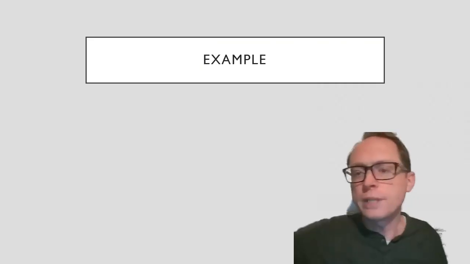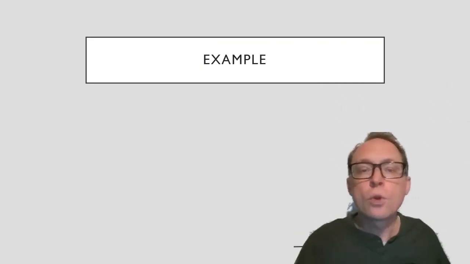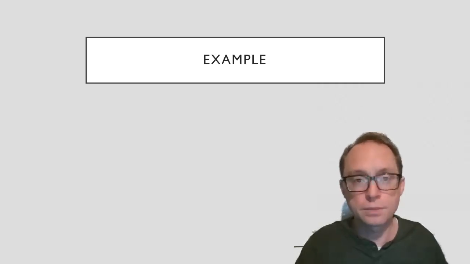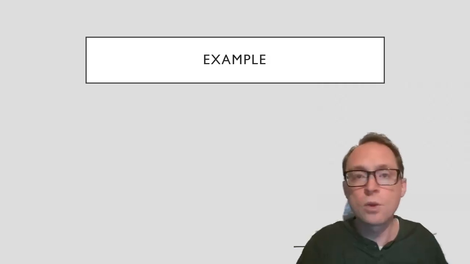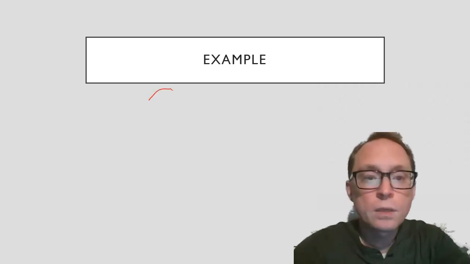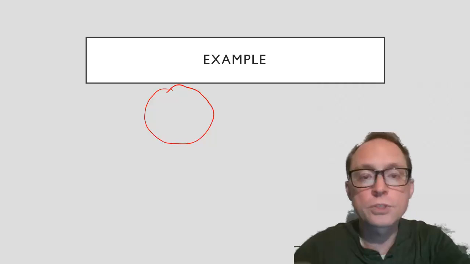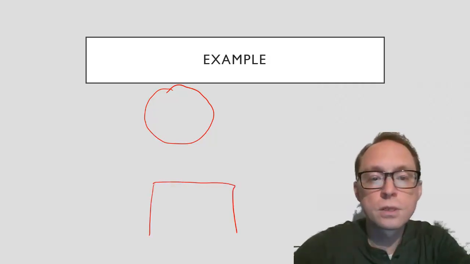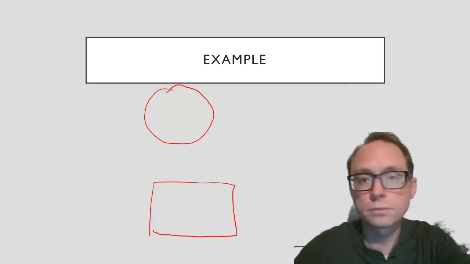So let's go ahead and start talking about an example. Now, this is going to be really important because we are going to diagram studies throughout this class. All right? Here are some basics that we need to know about diagramming studies. Number one, conceptual variables are circles, and operationalizations are squares.